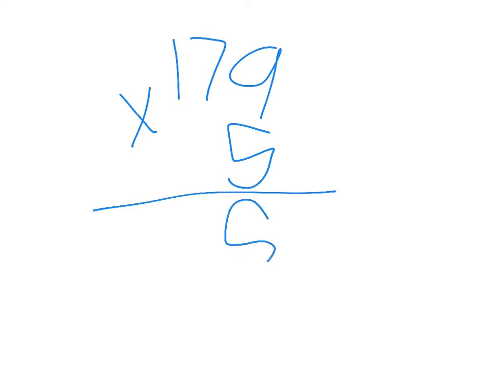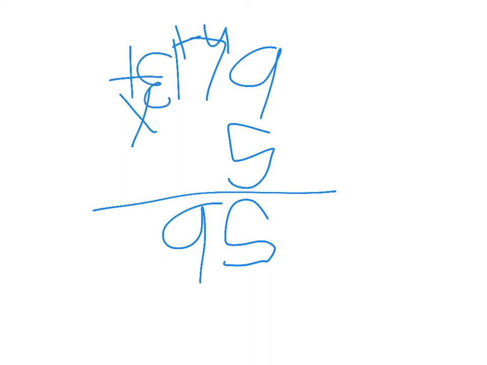So we put 5 here and we carry the 4. 7 times 5 is 35. So we're supposed to put 35 right here, but we can't because we still have to add 4. 35 plus 4 is 39. So 9, then carry the 3.